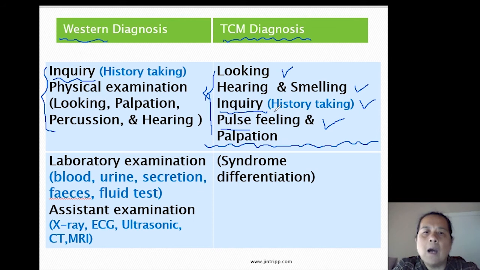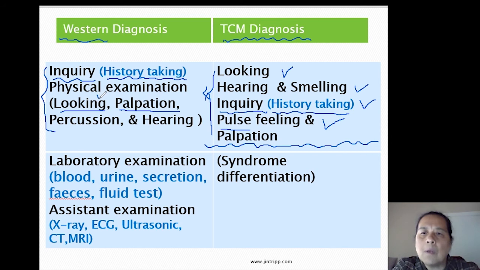That part we also call history taking, talking about the history of the patient's illness. We still have looking. We still have palpation. We still have hearing, but a little bit different here.